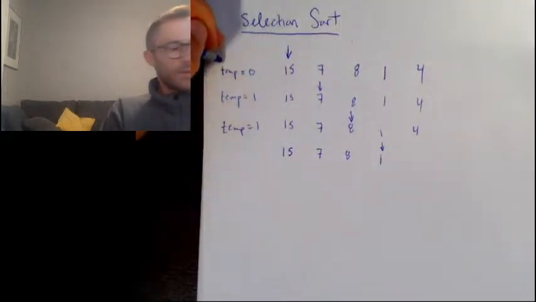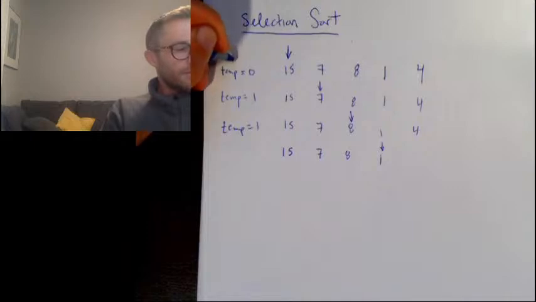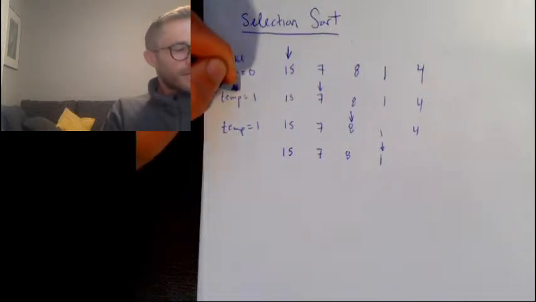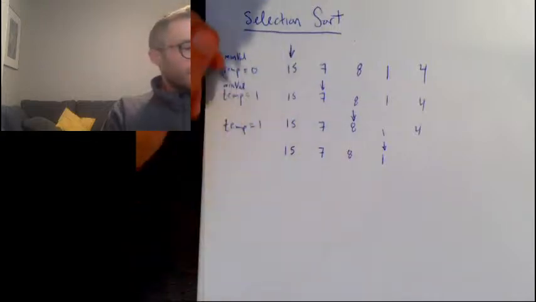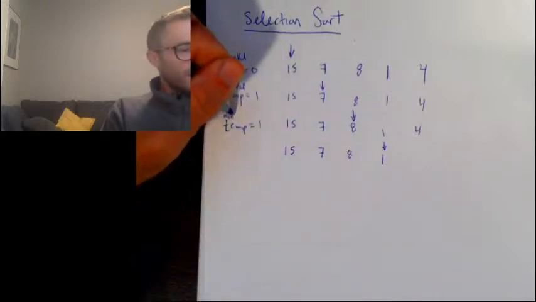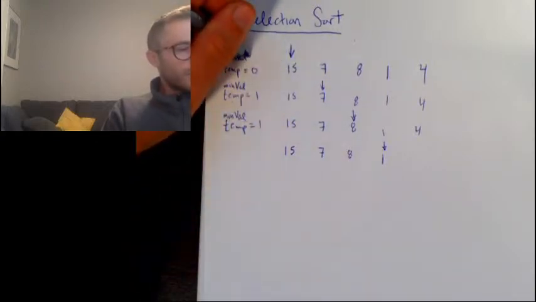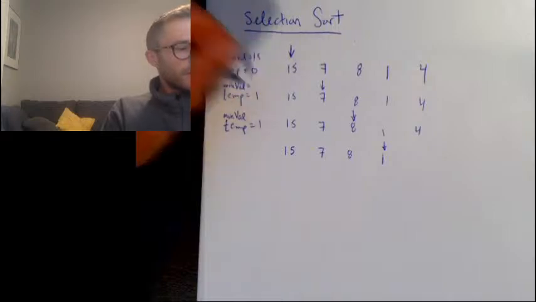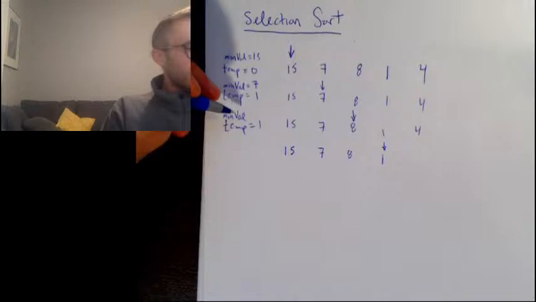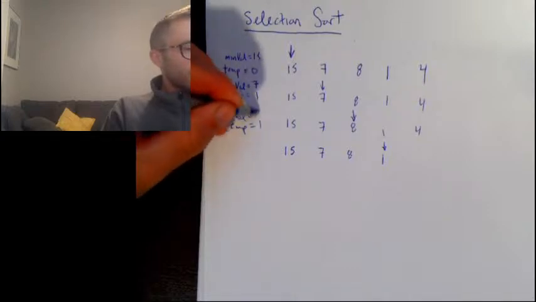So I should probably have 2 variables, right? I should have the min value. So what is the minimum value up to that point? Here the minimum value is 15, okay? Here the minimum value is 7. Here the minimum value is still 7.